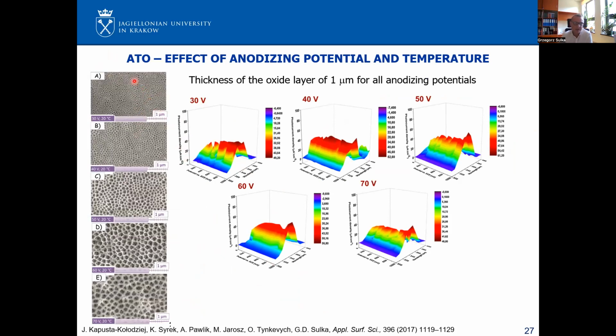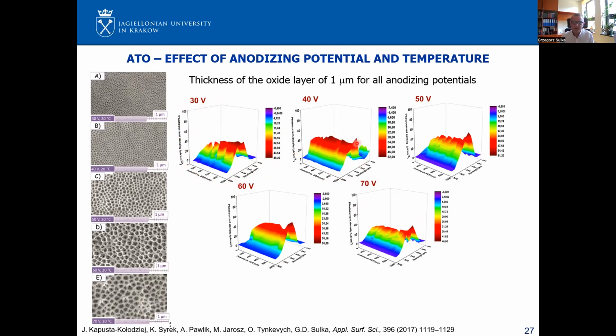Titanium oxide was formed at different anodizing potentials, ranging from 30 to 70 volts. And as you can see, the generated photocurrent is presented as a function of the polarization potential applied to the electrode, and also the wavelength which irradiates the surface of the semiconductor.